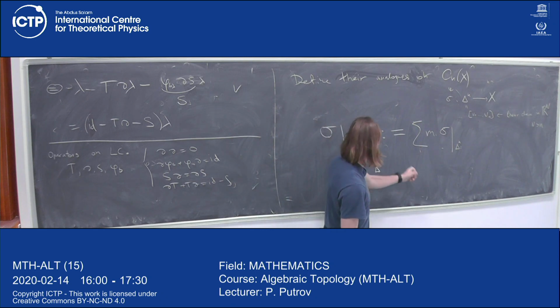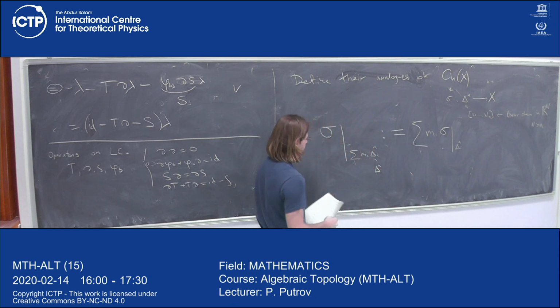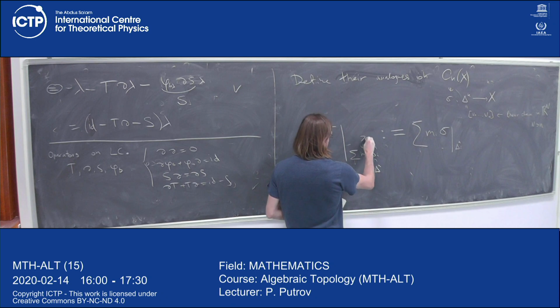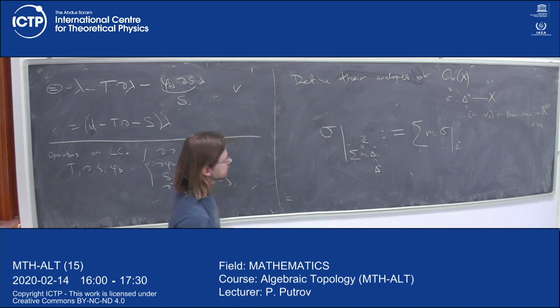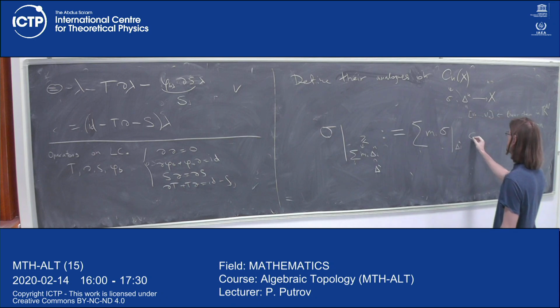The restriction is well defined because this is inside this one, and I weight it with this m which we had here. We assume this is an integer. So this defines a well-defined element in Cn of X.